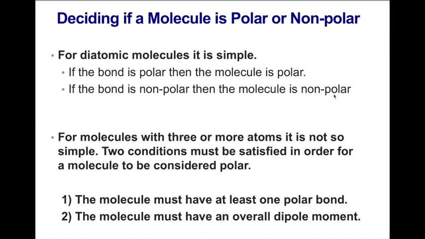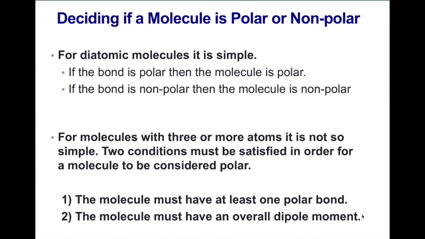But once we get a little bit more complicated, then we need to look and see what's going on. If the molecule has at least one polar bond, then we have an indication that we could have a polar molecule. But also with that, the molecule has to have an overall dipole moment.